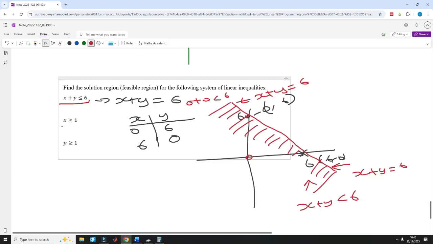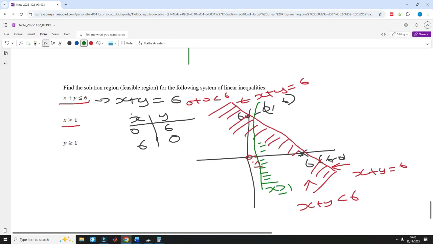Now we plot this one, x greater than or equal to 1. Let's say this is x is equal to 1, so follow the green line. This is x greater than or equal to 1, so this side. Similarly, y greater than or equal to 1, so let's say this is 1, that should correspond to this plane.